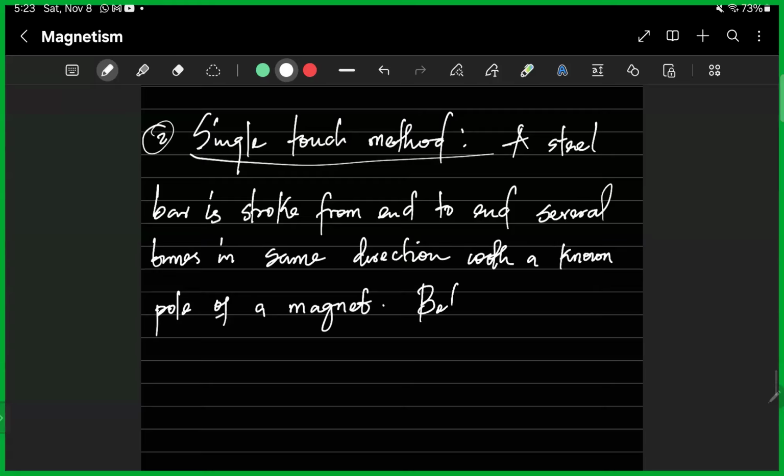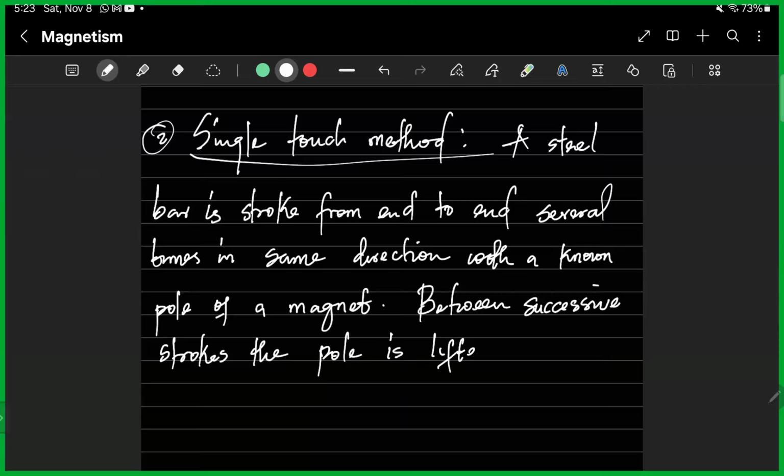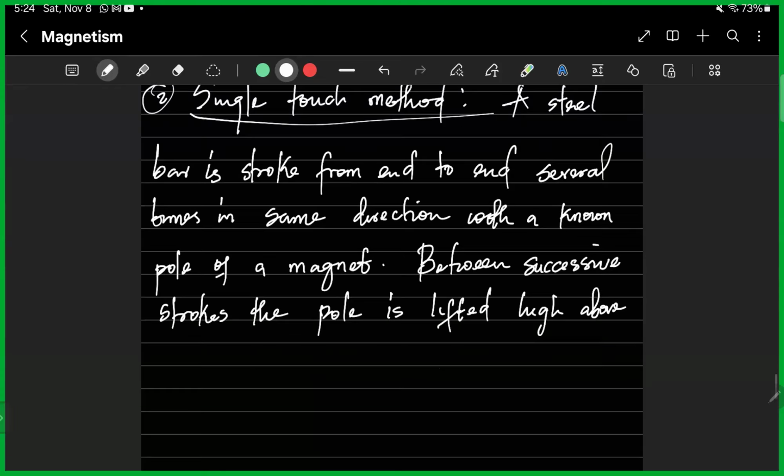Between successive strokes, the pole is lifted high above the bar.